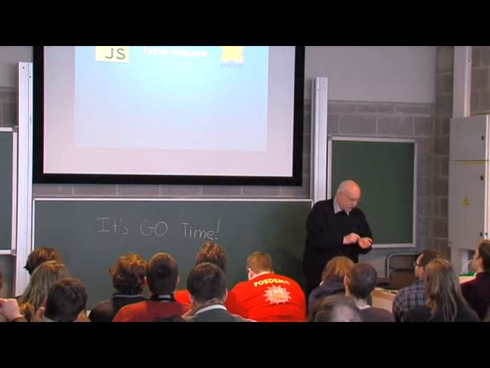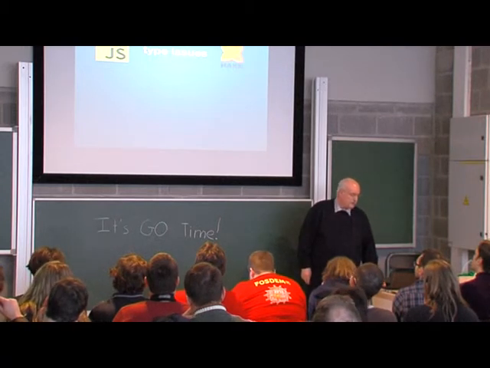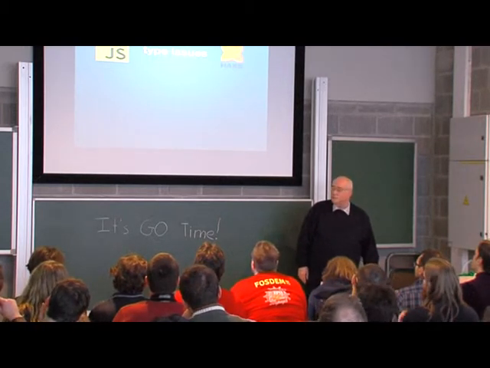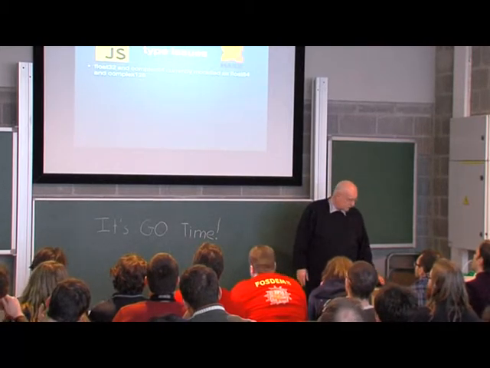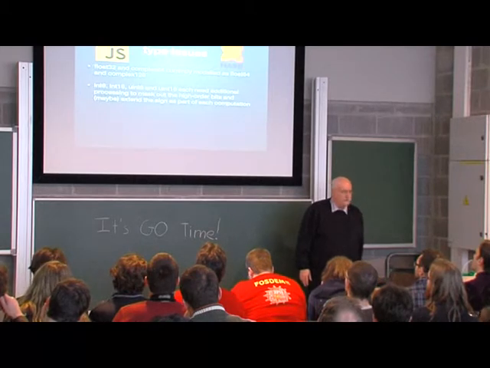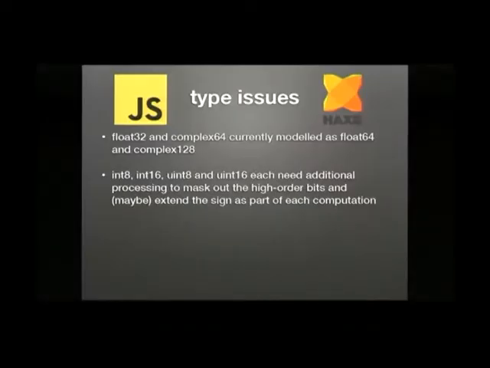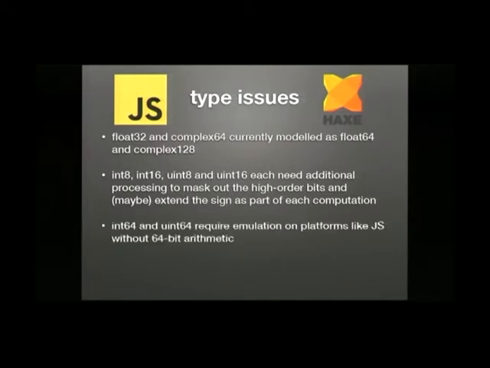There are some type issues, as you would expect, between Go, JavaScript and Haxe. There are no small integers. If you've got small integers, you've got to mask them and sign extend them every time you use them. This is the same problem that Emscripten has when it compiles C to JavaScript. Similarly for int64s, you've got to emulate them on some platforms. Strings can be different.